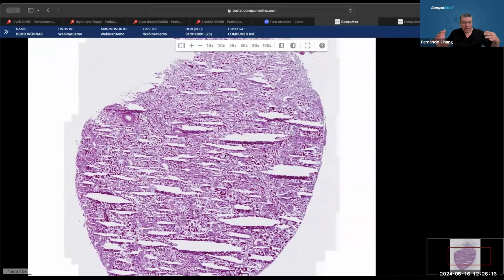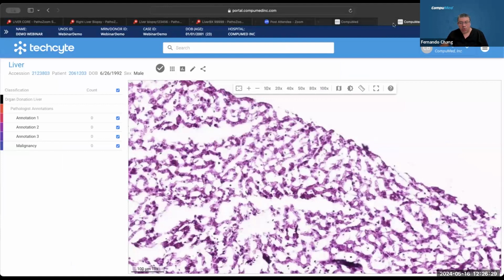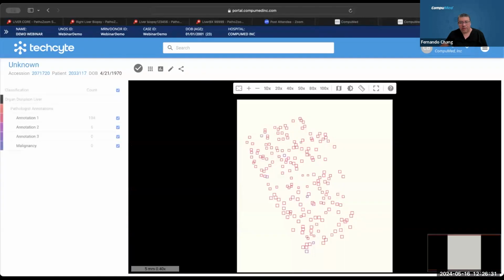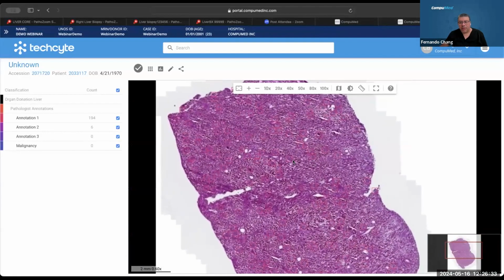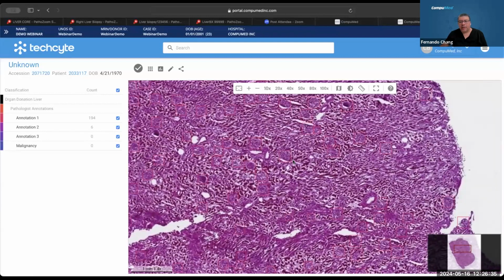So there are these 2 components happening here at different times and in different parts of the procedure that ended up having this result. But I will say in general, cores are more prone to have this freezing artifact than wedges. I don't know if that answered the question.